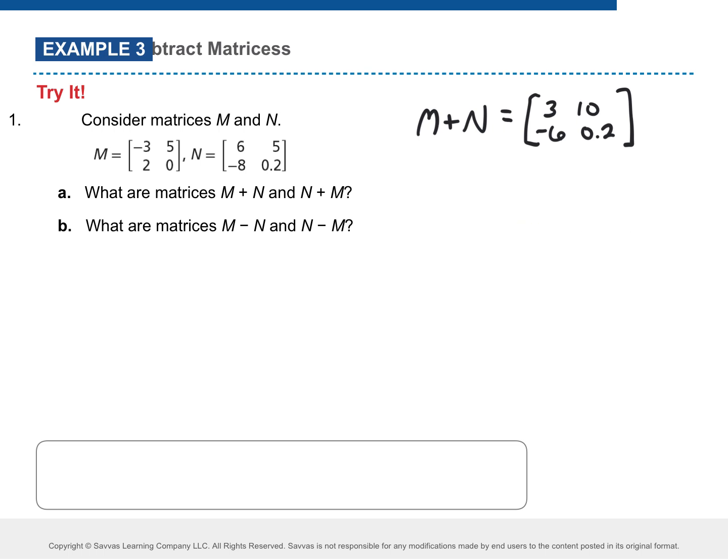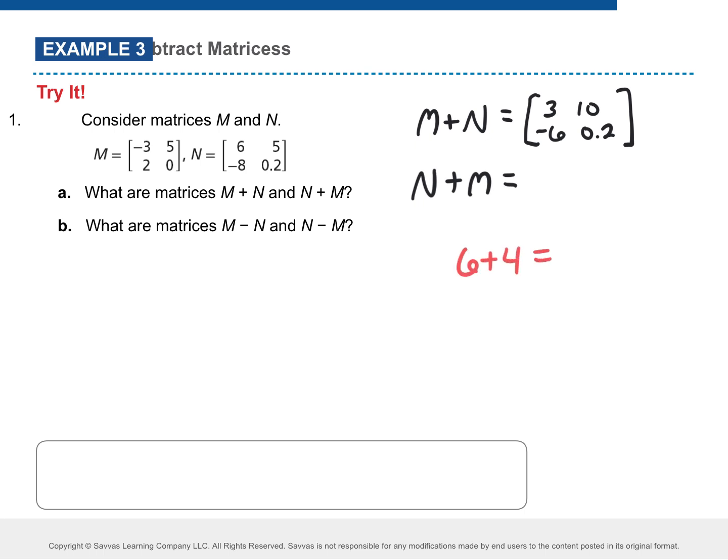The second part of part A wants you to know what N plus M is. It's going to be the same thing, right? All this is saying is it just swapped these two matrices. But if I take 6 plus a negative 3, what do I get? The same thing. I still get that positive 3. Let's put this with numbers.